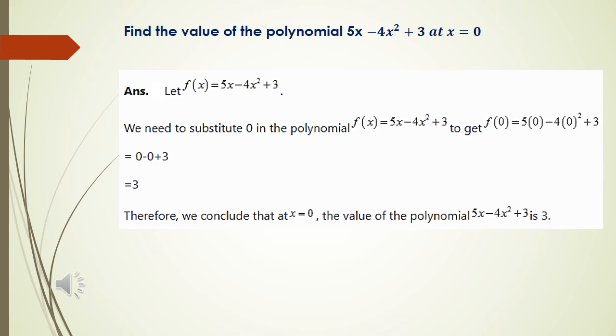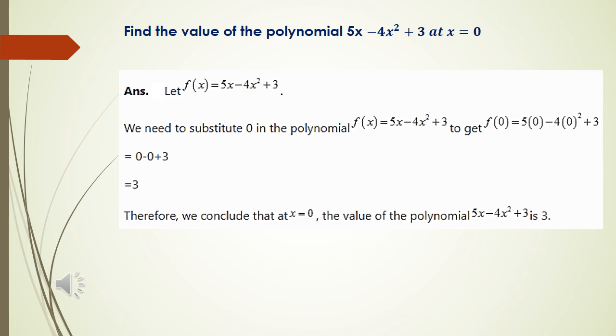Here, find the value of the polynomial 5x minus 4x square plus 3 at x equal to 0. It means what should be the value of the given polynomial at x equal to 0. So when we substitute this value in the given polynomial, then we will have some answer which is called the value of the polynomial at 0.